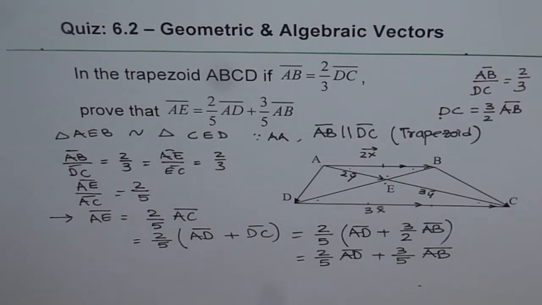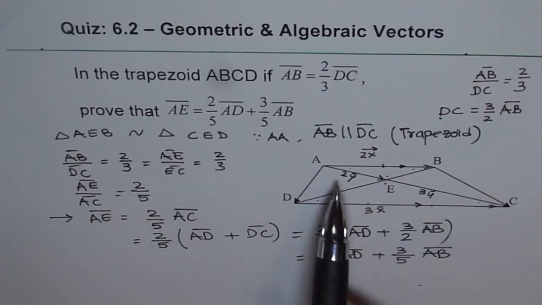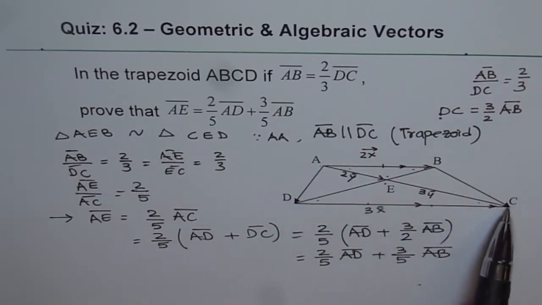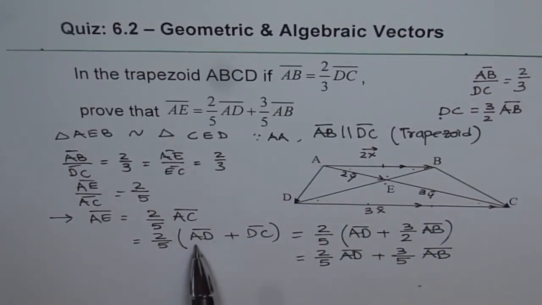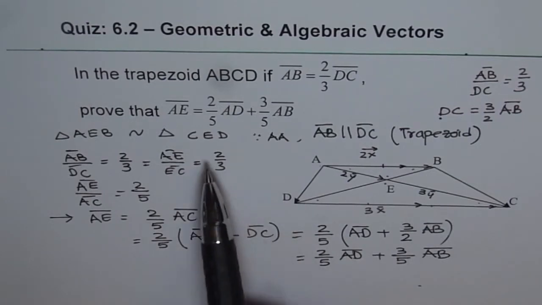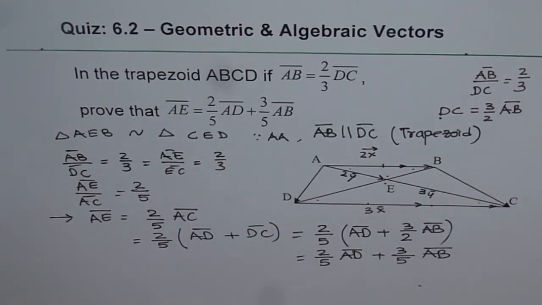Now, you can split AC, a vector going from A to C, which is AD plus DC, right? And then you can write what DC is in terms of AB, because we want the answer in terms of AB, and get your answer, right? I hope you appreciate how we use the property of scalar multiples and solve this question. Thank you and all the best.